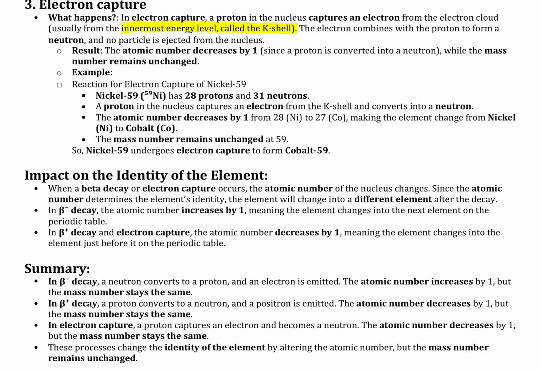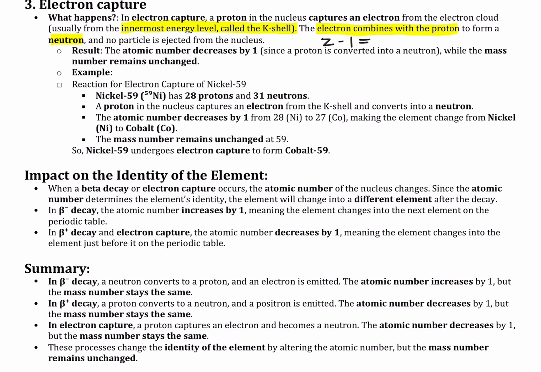The electron combines with the proton to form a neutron, and no particle is ejected from the nucleus. As a result, the atomic number will decrease by 1 since the electron combined with that proton, forming a neutron. So now that we've lost the proton, we once again would have to decrease the atomic number by 1.